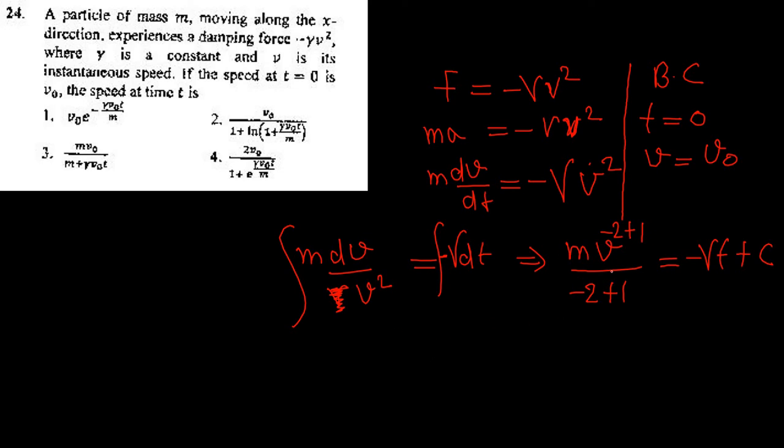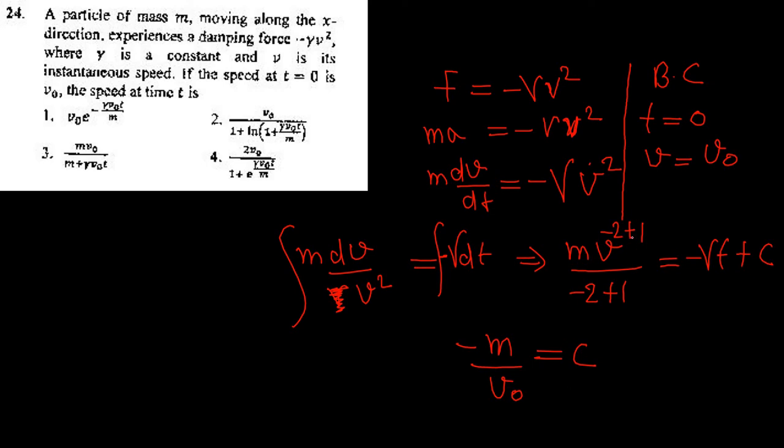Now I am directly putting the boundary condition in this equation. You get minus m upon v naught, because at t is equal to 0, v is equal to v naught. At t equal to 0 the t term will vanish and you will get c only.